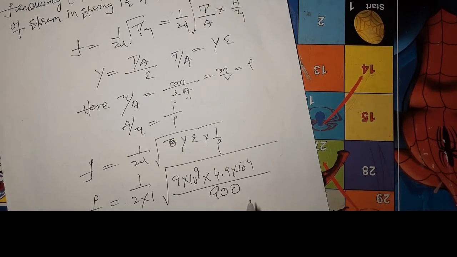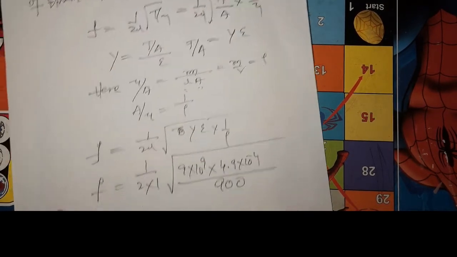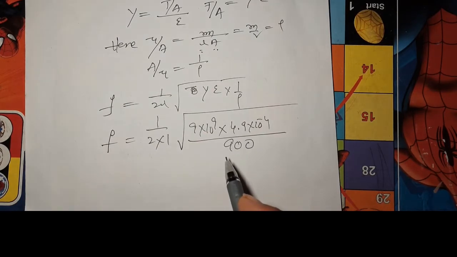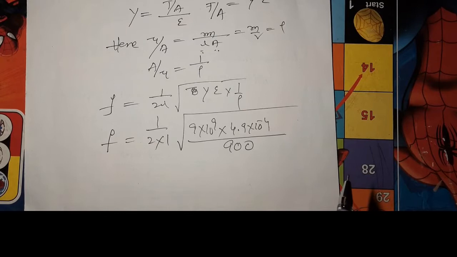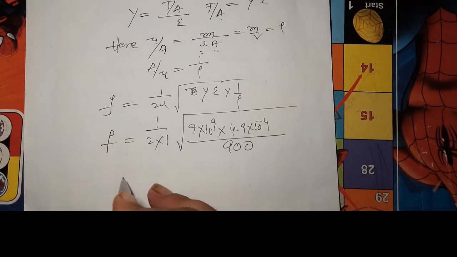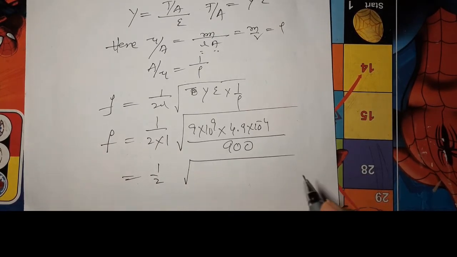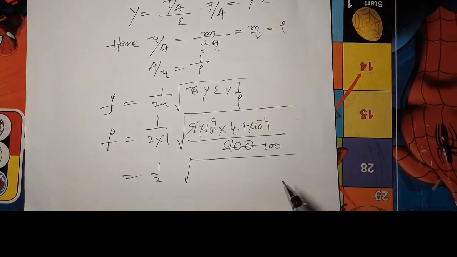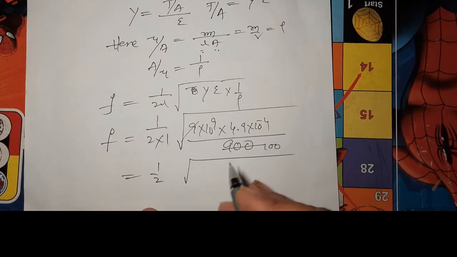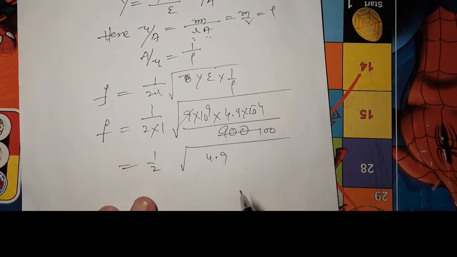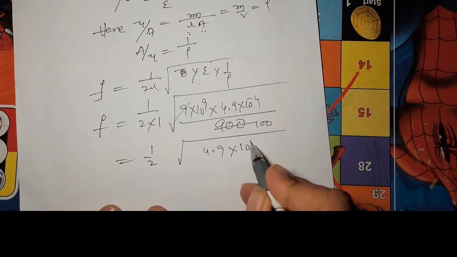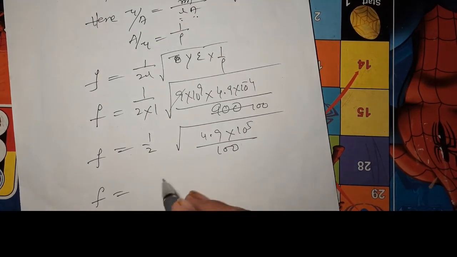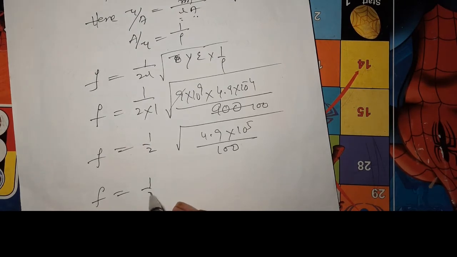So, by solving, let us now solve this equation. Here 1 by 2. This 9 goes into 900, 100 times, cancel 100 times. Now, here 4.9 into 10 to the power 5 divided by 100. F is equal to 1 by 2.